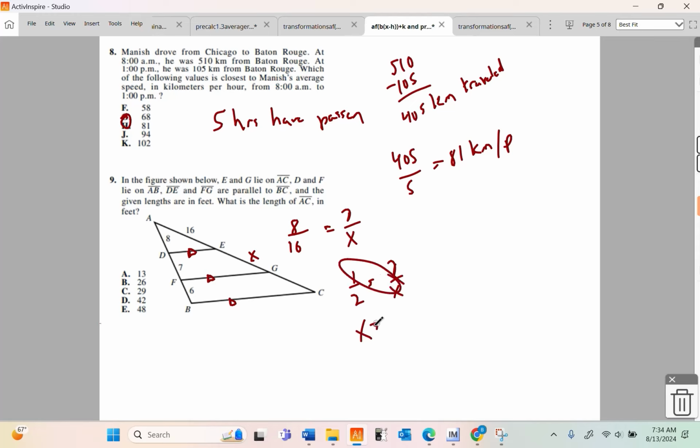Cross multiply, x is 14. Seems a little big, but it seems reasonable, 16 to 14. And we can do the same thing, 8 is to 16 as 6 is to y. I haven't done this in a good 10 years. Reduce the fraction, 8 to 10 is 4 to 5, as 6 is to y. Then we do something called cross multiplication. 4y is, what, 30?